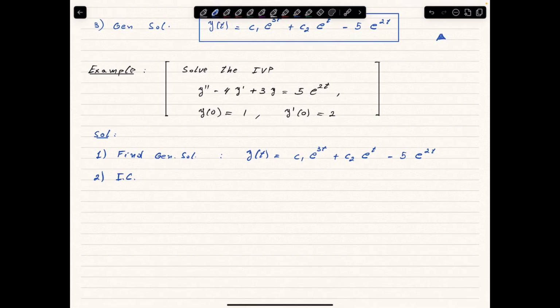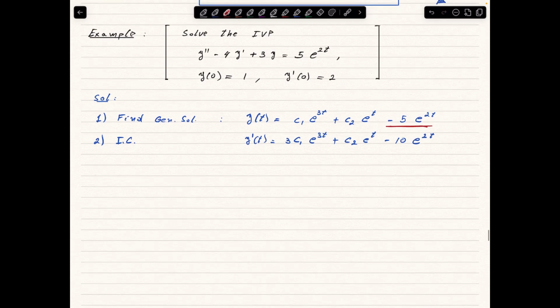The initial conditions involve the derivative, so let's compute the derivative right now. Y prime of t is going to be 3 c1 exponential 3t plus c2 exponential t, and now minus 10 exponential 2t. That should be the derivative. So notice that in all the calculations we are going to have this term here, but that's the only difference with the previous cases.